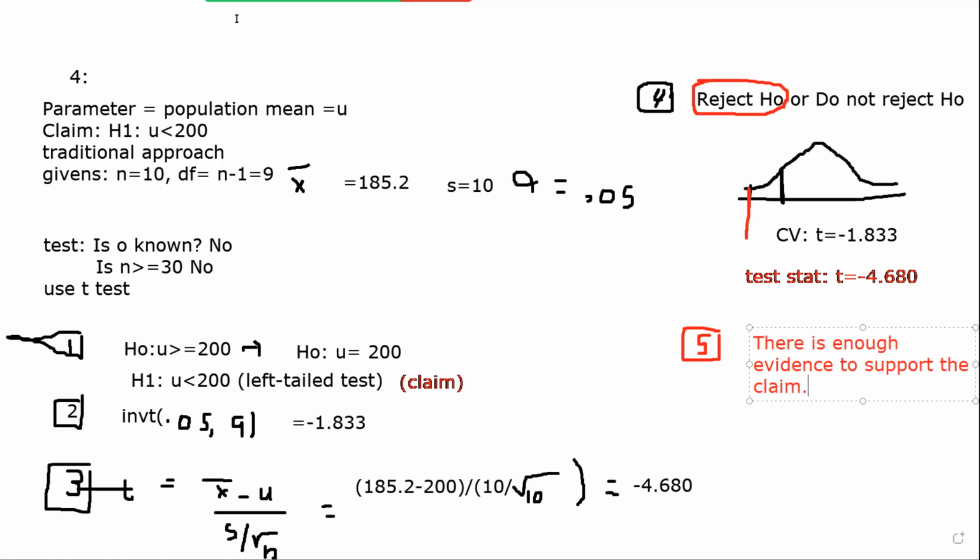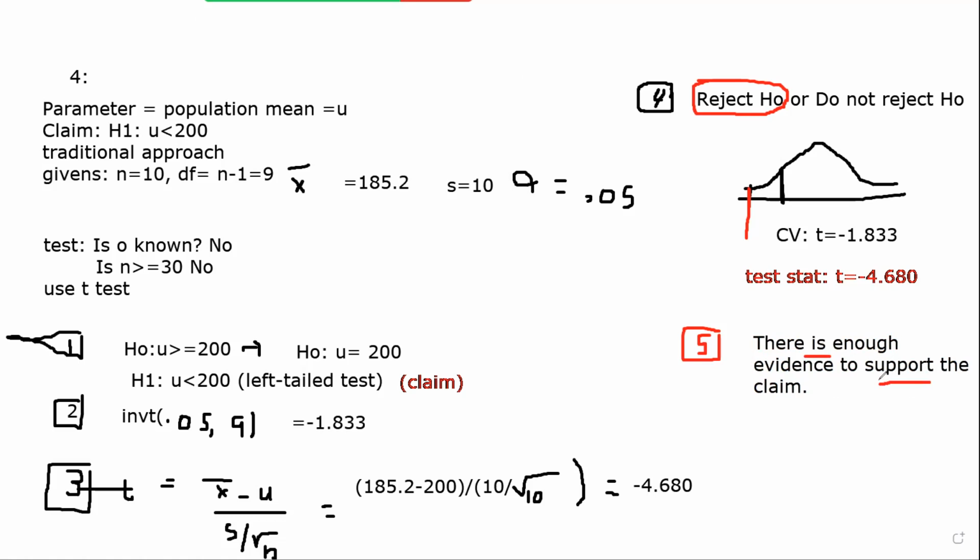Don't forget to underline "is" and "support." So there is enough evidence to support the claim. And that's your hypothesis test for number 4.